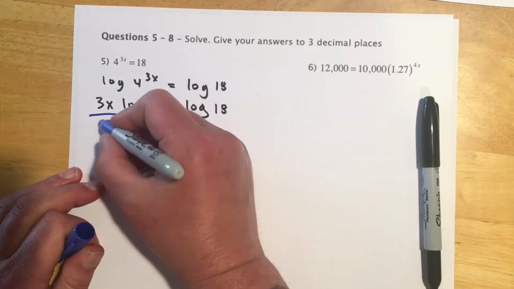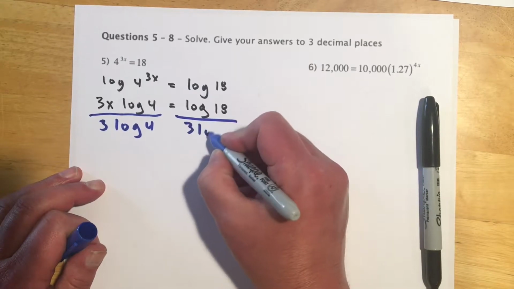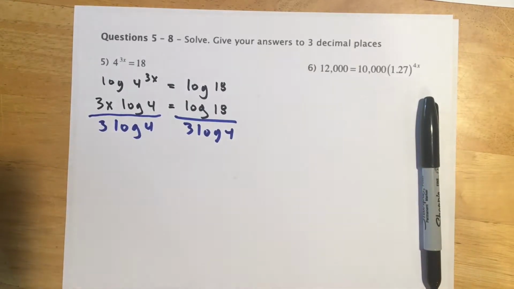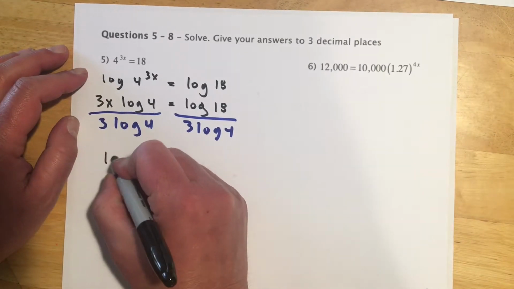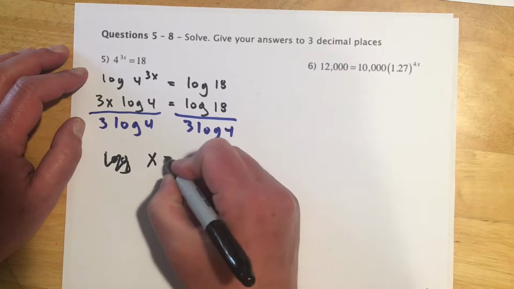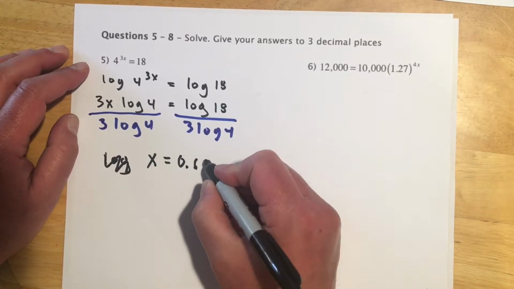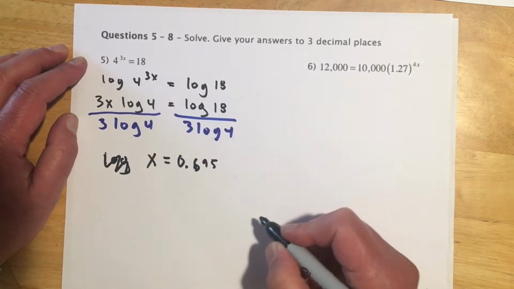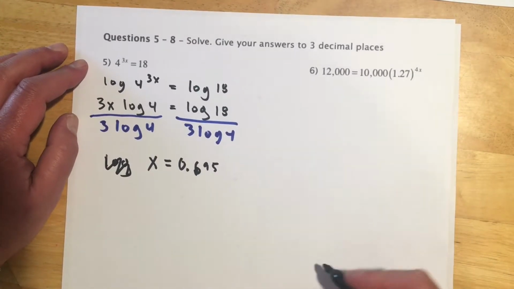So we'll do 3 log 4 and 3 log 4. And then when I put that in the calculator, I get x equals 0.695. Hopefully I have some whiteout up there, so hopefully that's right.